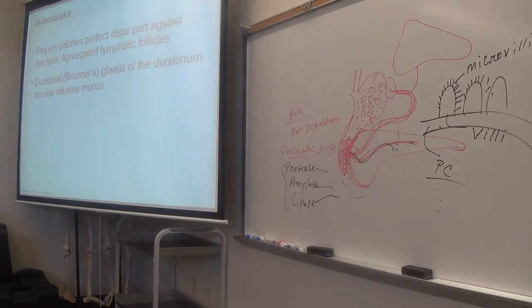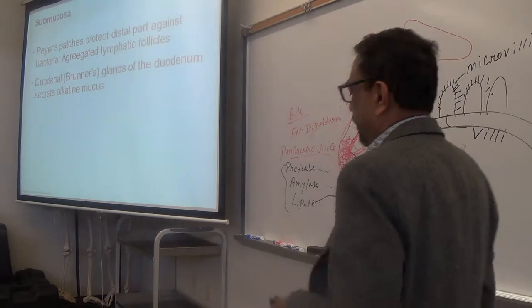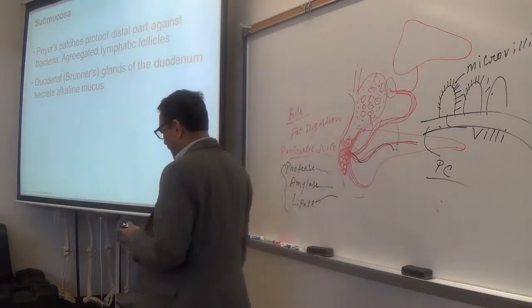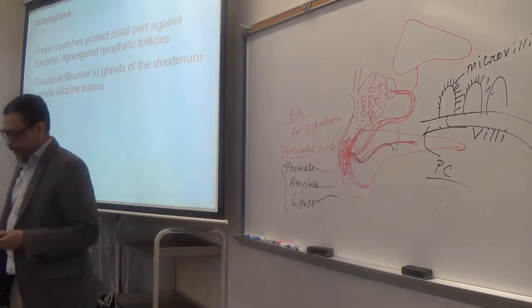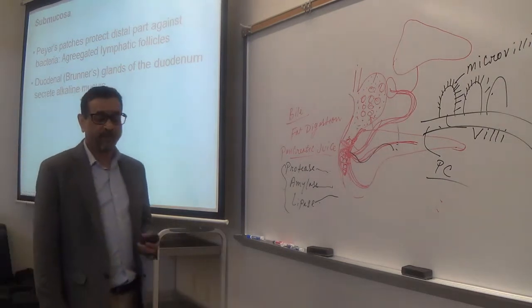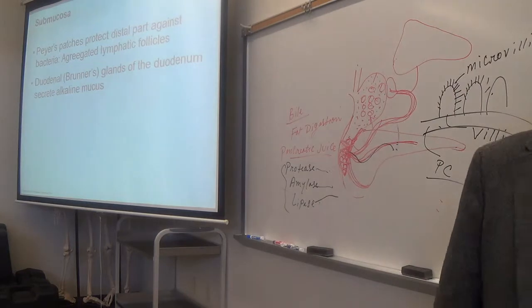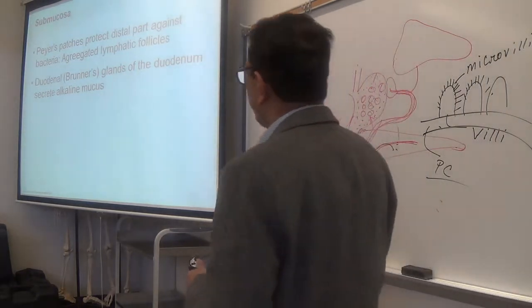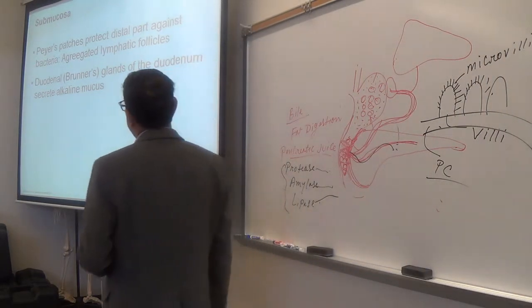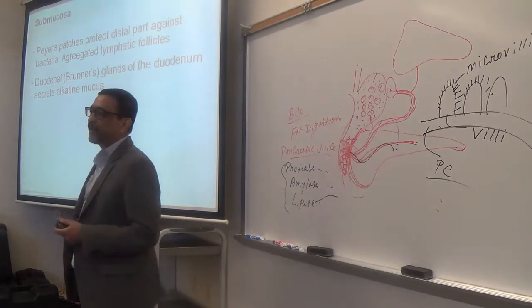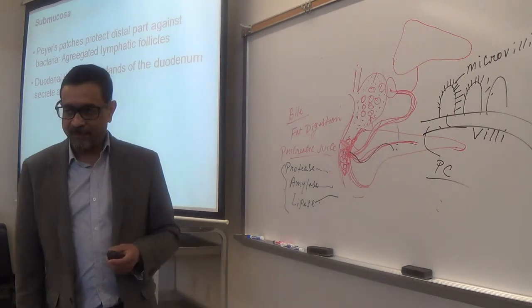Peyer's patches, we have already talked about Peyer's patches in the lymphatic system. Aggregated lymphoid follicles in the wall of the small intestine.